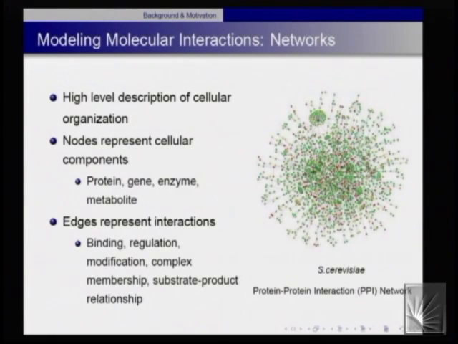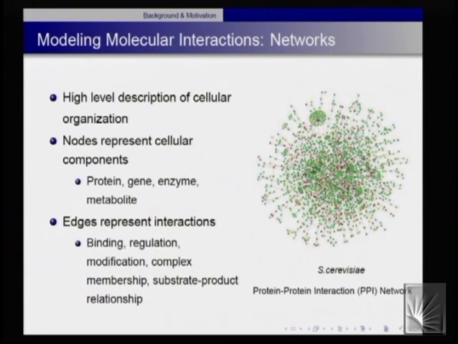So the question is, how can we use all these sources of data to make further inferences? So how do we model molecular interactions? How do we model all these data? So in general, when we talk about a molecular network, the nodes represent the cellular components, the molecules, which are proteins, genes, enzymes, whatever the context is. And the edges represent interactions.